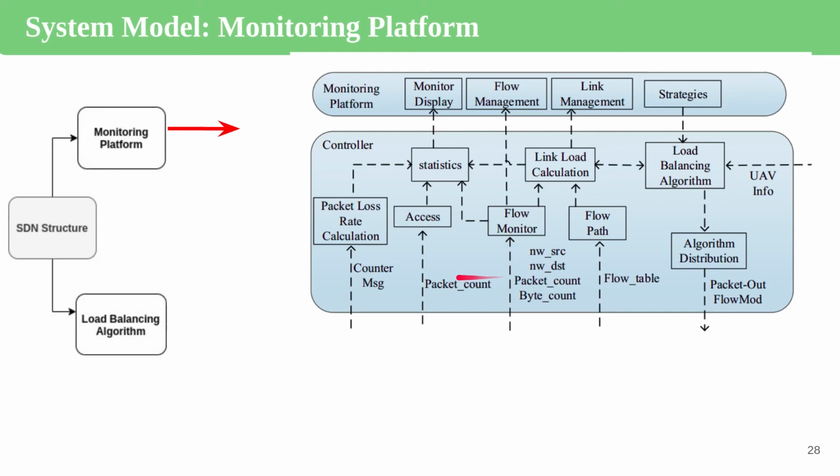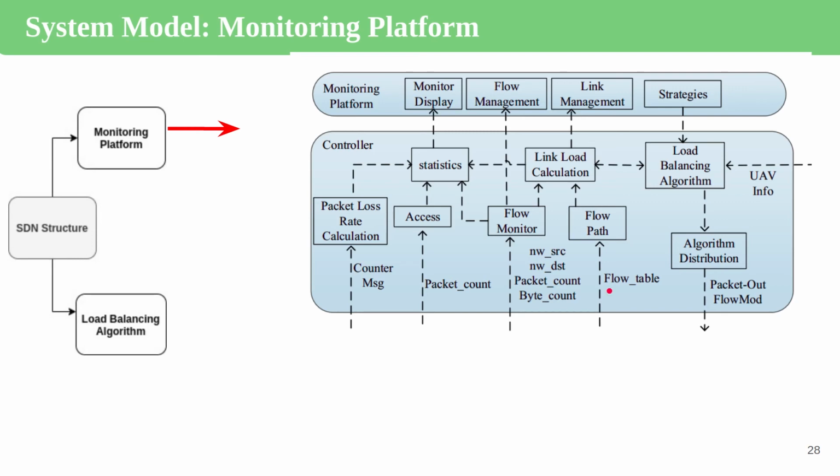For example, packet loss rate calculation module collects the value of counters from the first and last UAVs in the routing path in one period to calculate the packet loss rate. Or flow path module calculates the initial path for each flow through flow table messages, which are the flow entries of each flow.